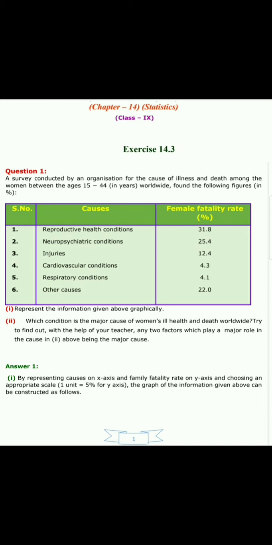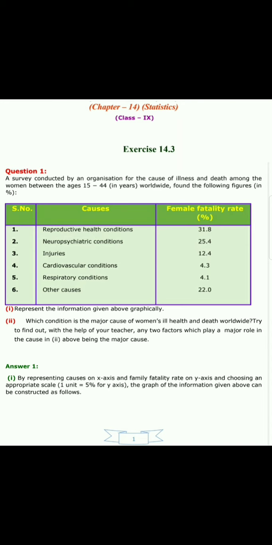The causes and the female fatality rate are: reproductive health conditions 31.8%, neuropsychiatric conditions 25.4%, injuries 12.4%, cardiovascular conditions 4.3%, respiratory conditions 4.1%, and other causes 22.0%.